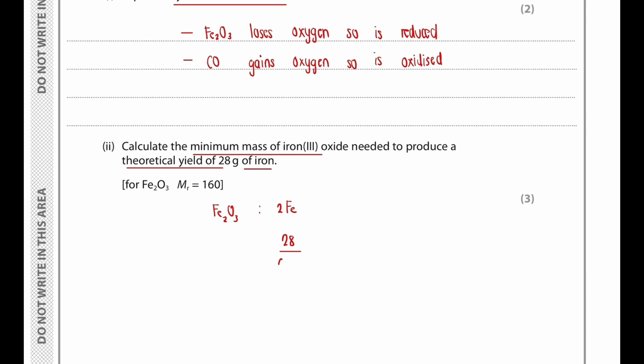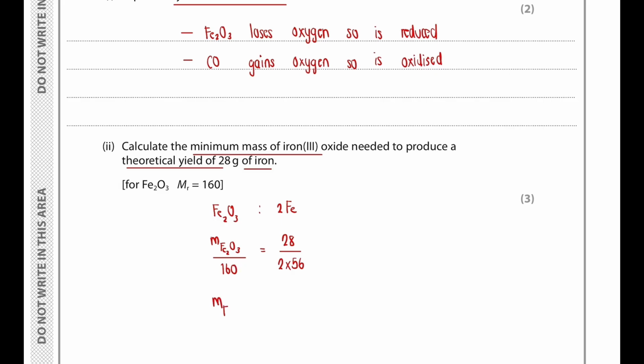AR of iron is 56. So I will divide by 56 and multiply by 2 from the equation, equal to the mass of iron oxide divided by MR of iron oxide, which is 160.